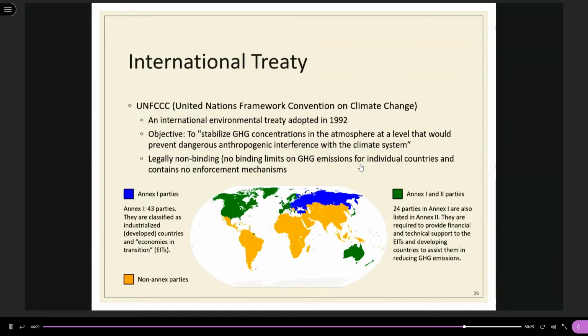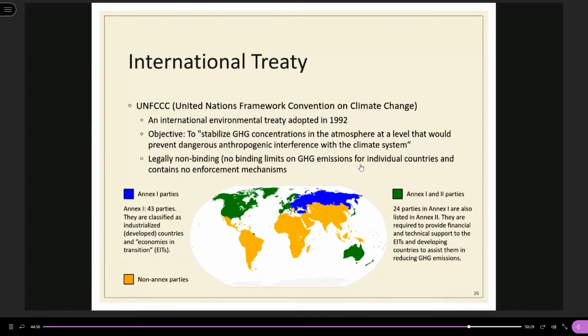So it is just like voluntary action. This treaty includes the countries in North America, Australia, Russia and Europe, the countries in green color.